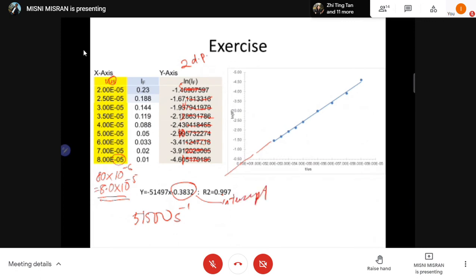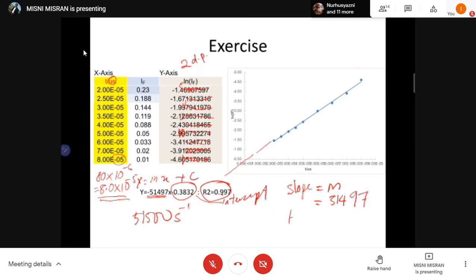Forget about the R squared, because we are actually looking at the slope. So you have y equal to mx plus c, slope equal to m, so equal to 51497.